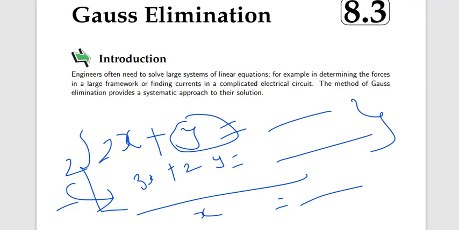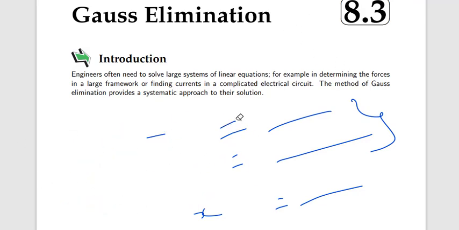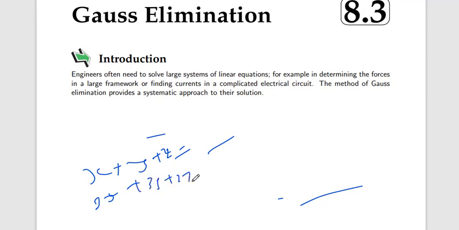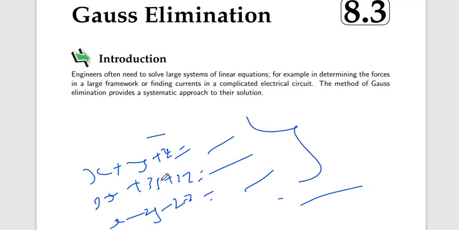In general there are also complex linear equations: x, y, z, 2x plus 3y plus 2z is equal to something, x minus y minus 2z is equal to something. There are three equations and three unknowns.